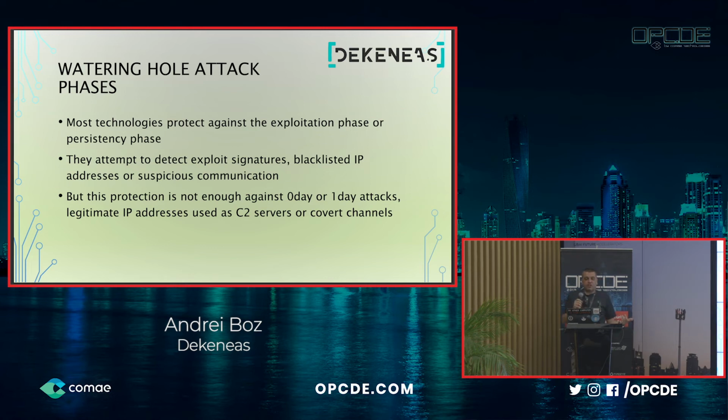But this protection is not enough against 0-day or 1-day attacks, or legitimate IP addresses used as command and control servers, or covert channels, as we have seen in the example with the Romanian bank, where a legitimate web server was used as the command and control server, and the exfiltration and communication was performed through cookie values.